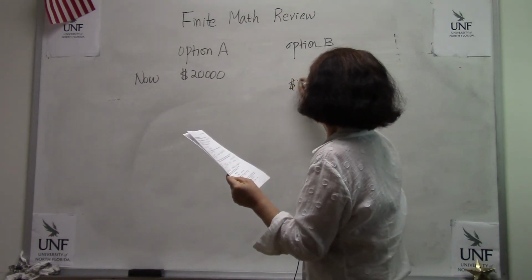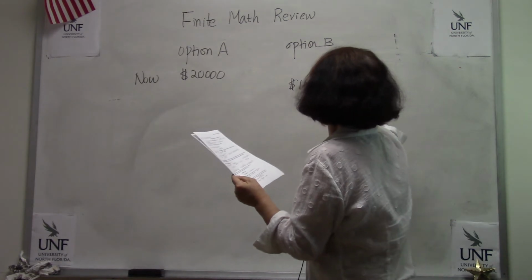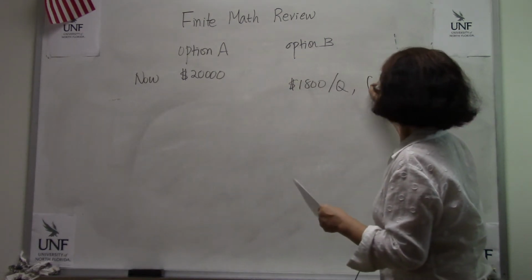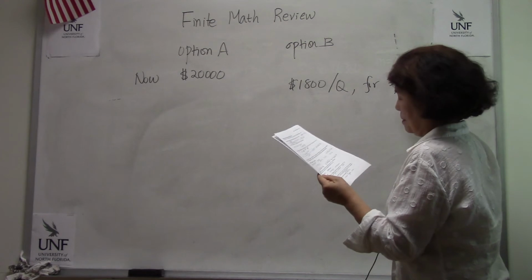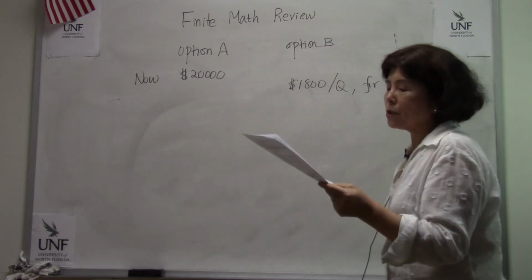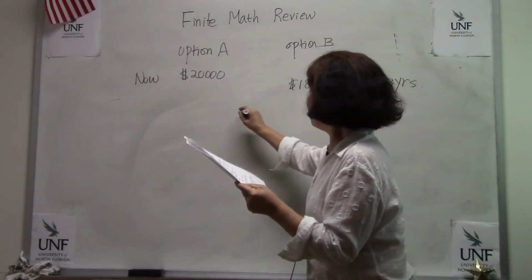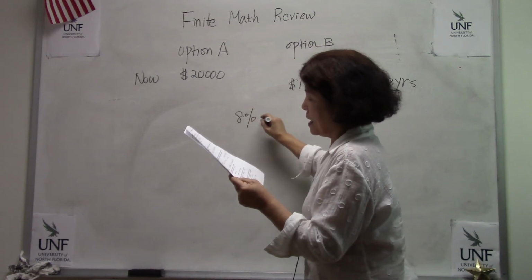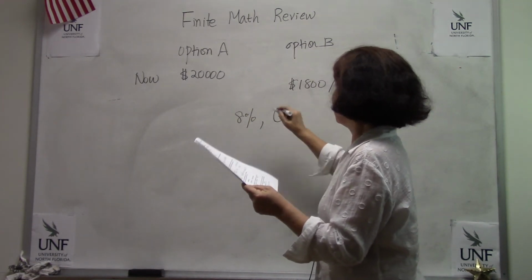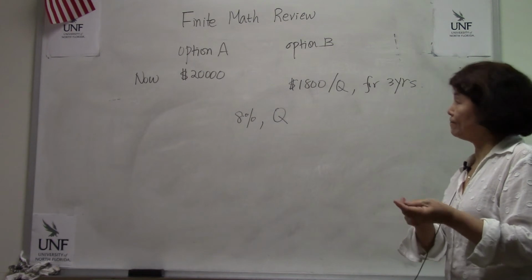So $1,800 per quarter for 3 years. Okay? Assume that money can earn 8% interest compounded quarterly. Okay?